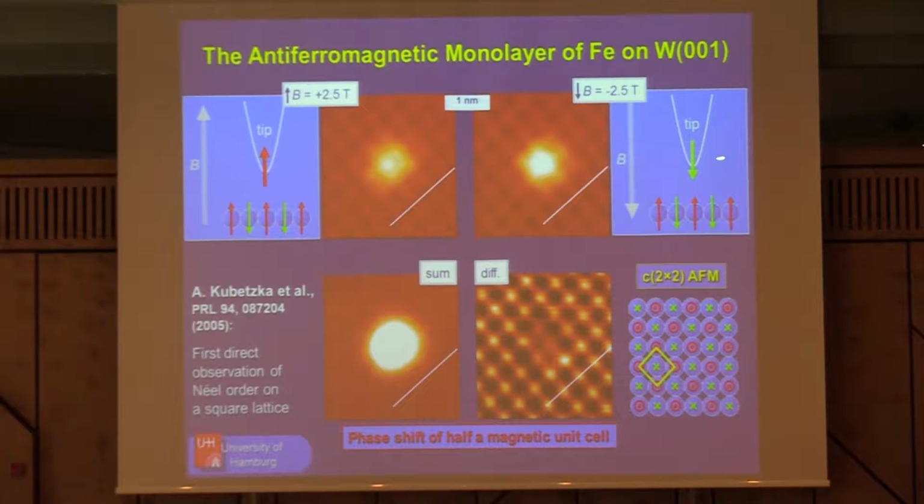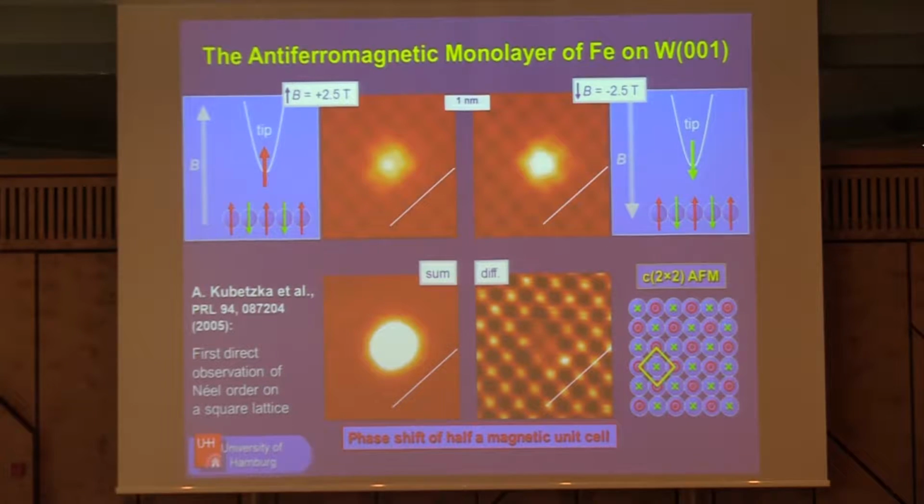If we do the spin-resolved contrast imaging with these 2 kinds of magnetized tips, we get 2 data sets, and we typically use single atomic adsorbates to make the registry between these 2 images. And of course, if you look carefully, you already see the phase shift.